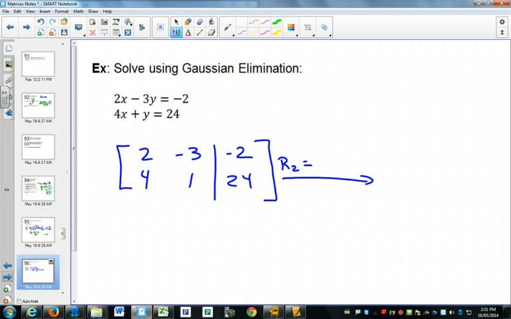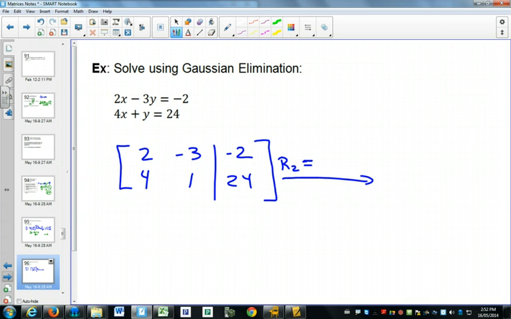What would we have to do in total? You're allowed to multiply and divide, and then add and subtract rows. The only thing about dividing is you might go into fractions, right? Might make your life a little bit more difficult.